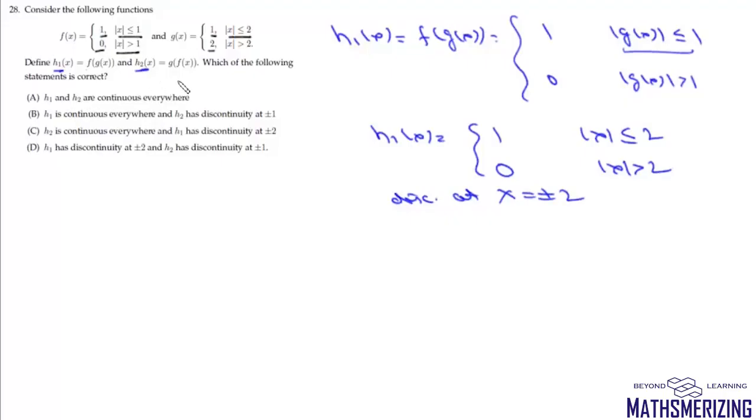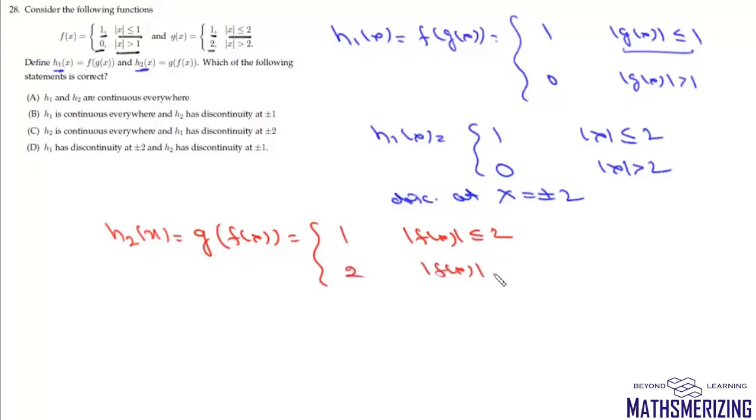Now what about h2(x)? h2(x) is g of f(x). Now g of f(x) will be 1 when |f(x)| is less than or equal to 2, and will be 2 when |f(x)| is greater than 2. Now f(x) can take the values 1 and 0, so it cannot take a value greater than 2.